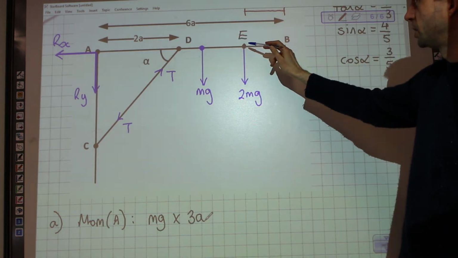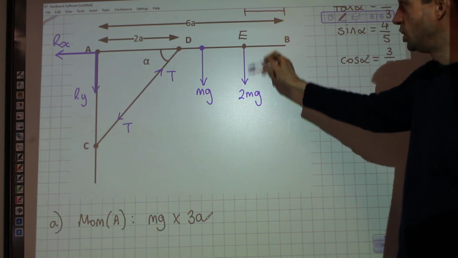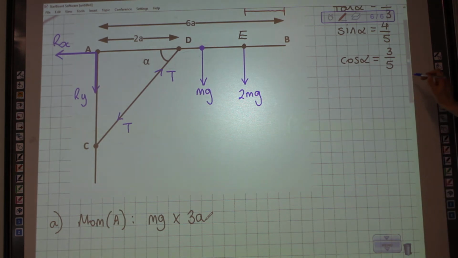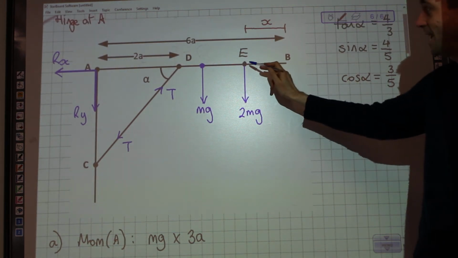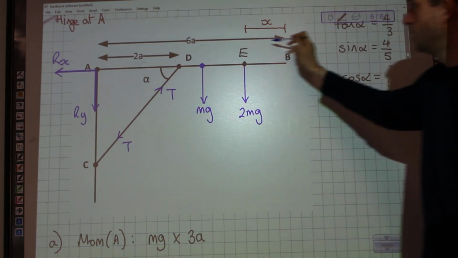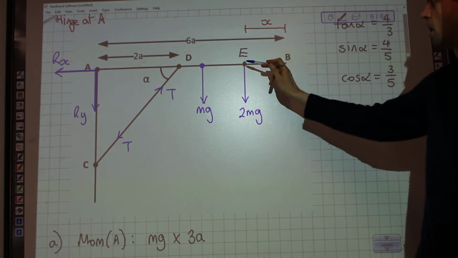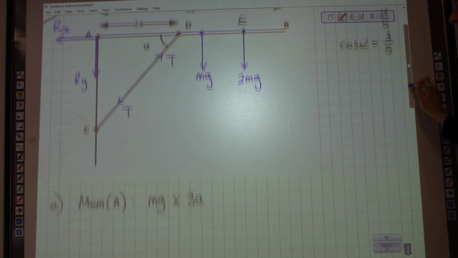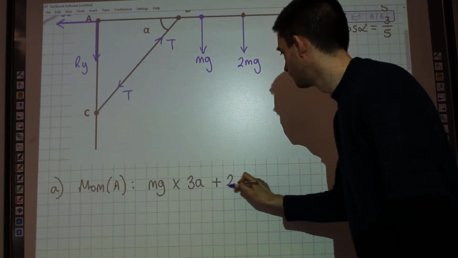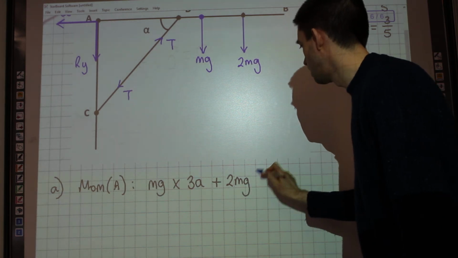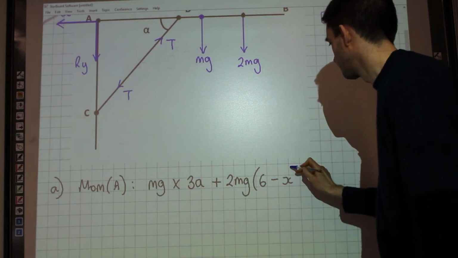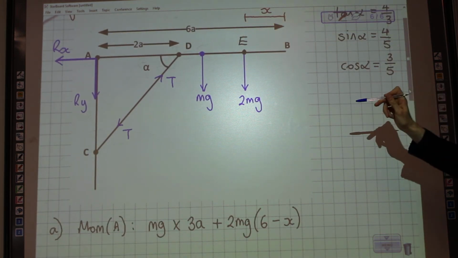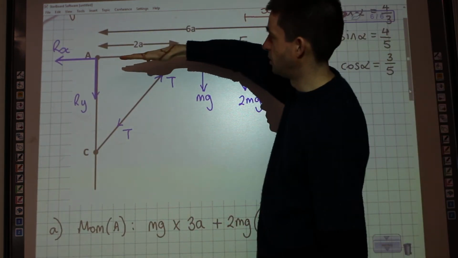And I've also got this force here, 2mg times, now this distance from A to E is going to be 6a minus x, because the whole thing to B would be 6a, take off the x. So I've got 2mg times (6a minus x).